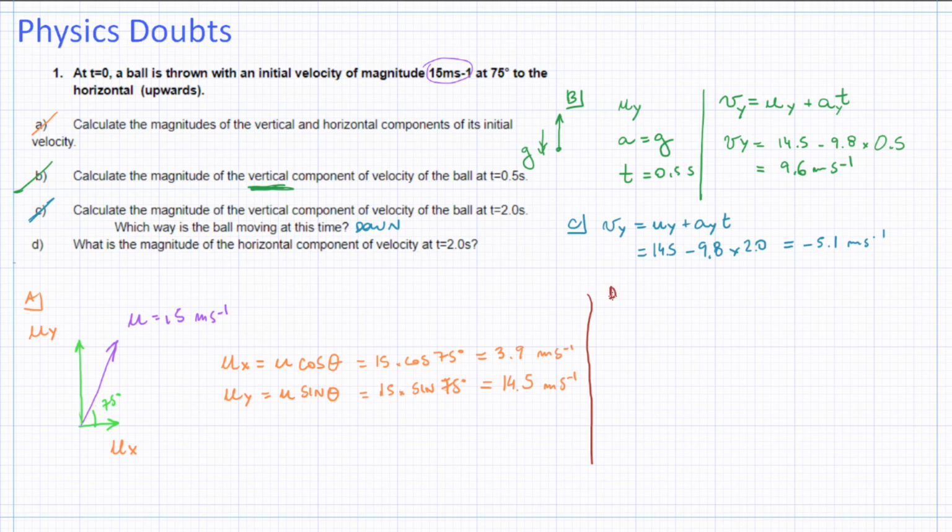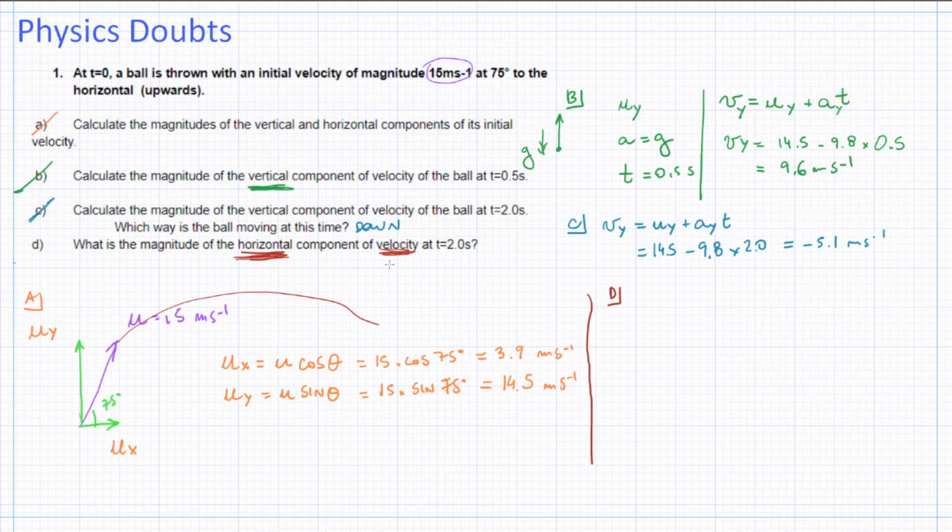Now letter D. What is the magnitude of the horizontal component of the velocity at 2 seconds? Now, since this motion is a projectile motion, the horizontal motion is constant. The horizontal velocity will not change, right?